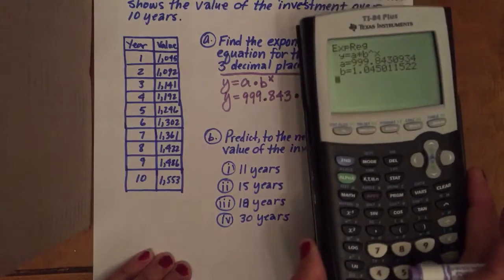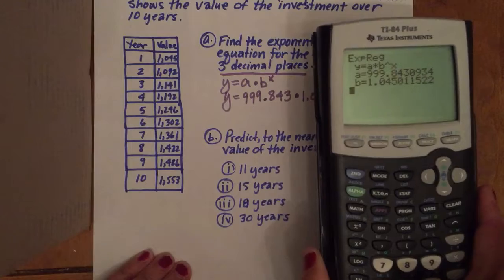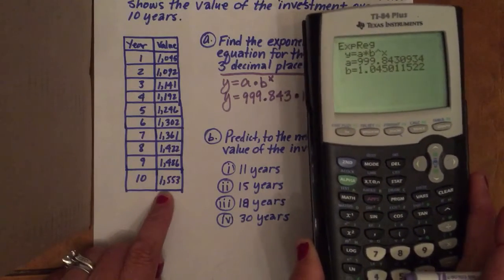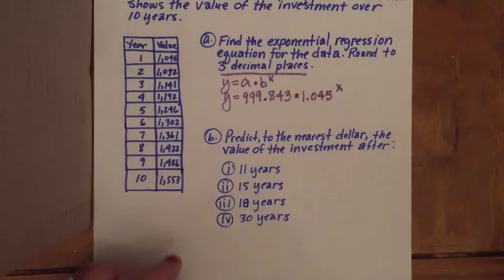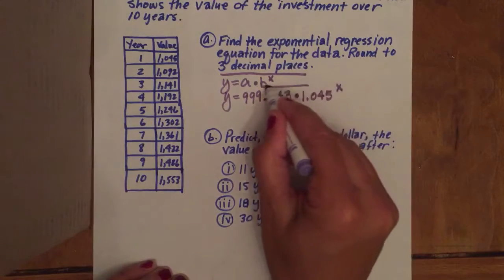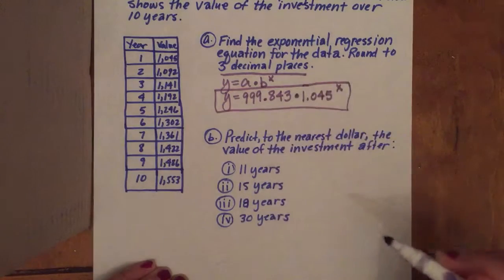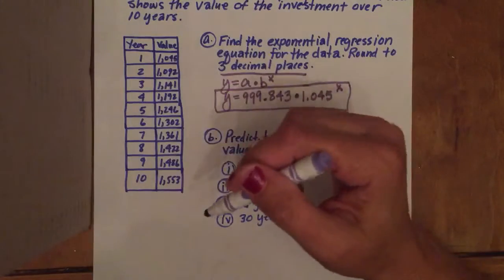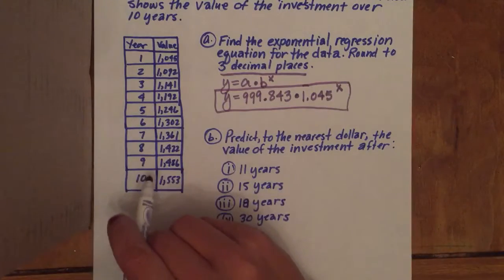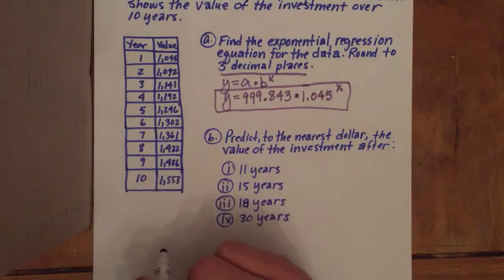And again, I got all that information by entering my table into the calculator and running the regression. So this is the line here, not the line, I apologize. This is the exponential model that best fits the table, that best represents and models the behaviors of these values.